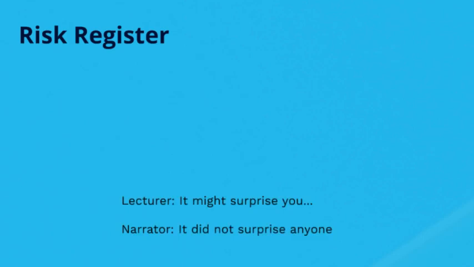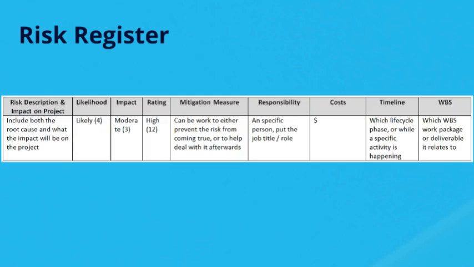Alright, so enough about human behaviour, let's get on to the fun stuff, the forms and the registers. It might surprise you, but there is a table or a register you can fill in to document the risks on your project. It's a risk register and it looks like this.